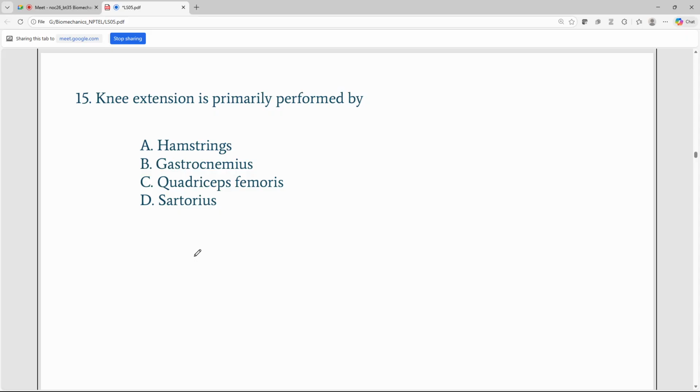Next question. Knee extension is primarily performed by which of the following? Options are option A, hamstrings, option B, gastrocnemius, option C, quadriceps femoris, option D, sartorius.